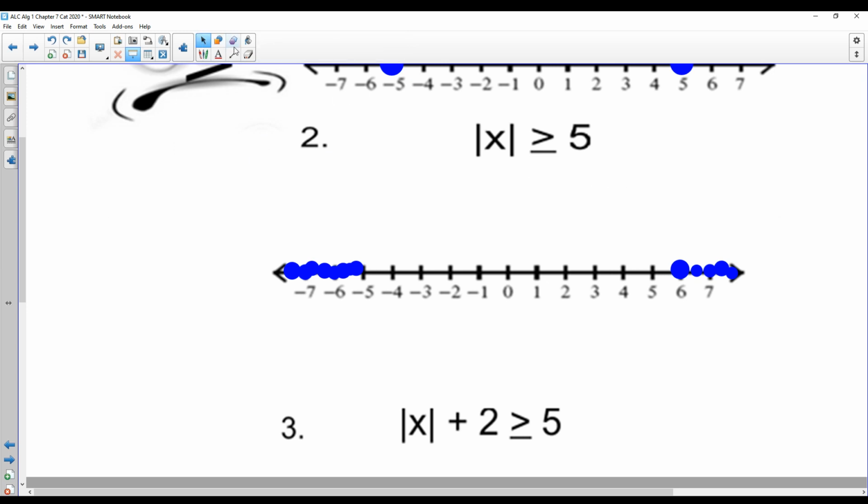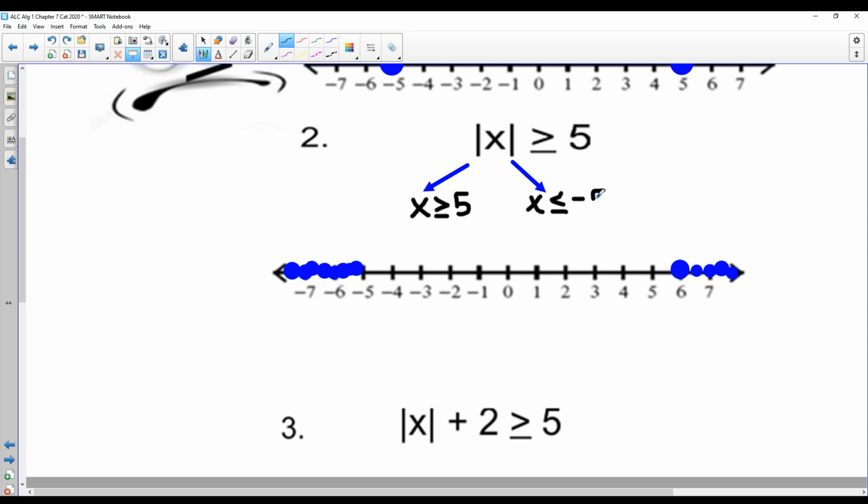Imagine that you are breaking open these bars and you're writing x is greater than or equal to 5. And then you're going to also write x is less than or equal to -5.